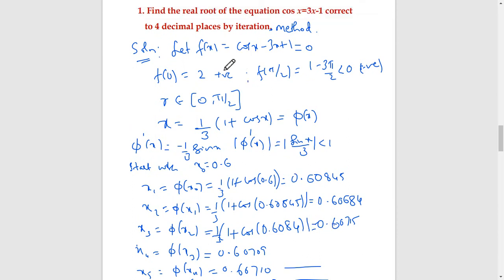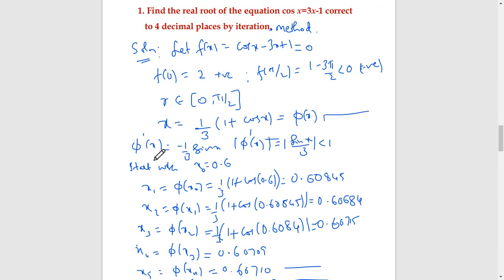f of x is given, and we have to check where the root lies by the trial and error method. The root lies between 0 and pi by 2. Why have we taken pi by 2? Because cos x is a periodic function, and it's a transcendental function. So therefore we have taken 0 to pi by 2 values. Now x equal to phi of x we have written here.